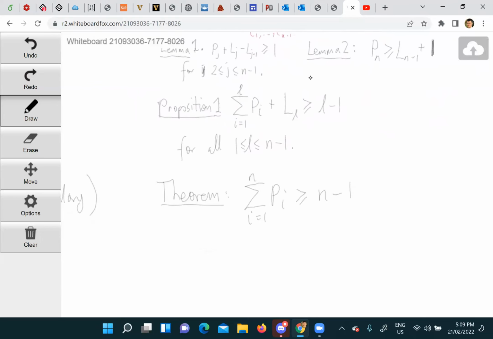So corollary: the maximum score is at most n minus 1 choose 2.